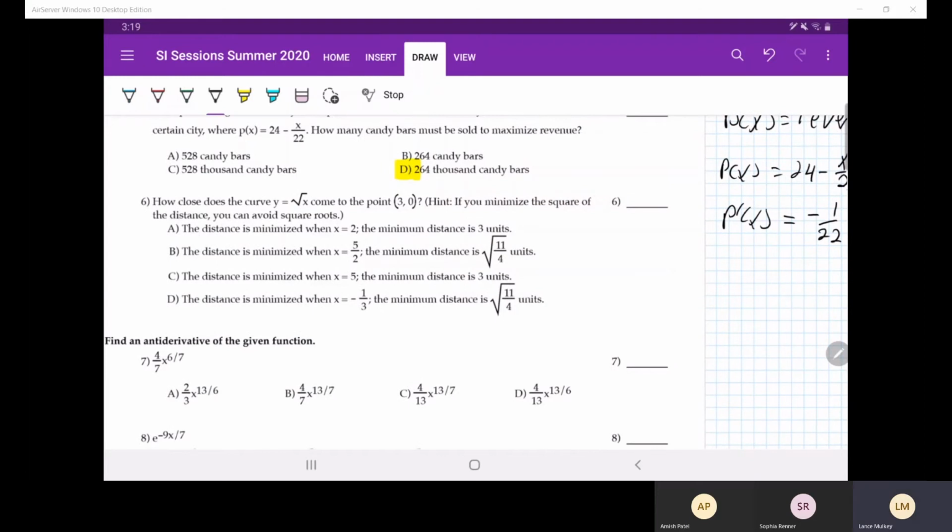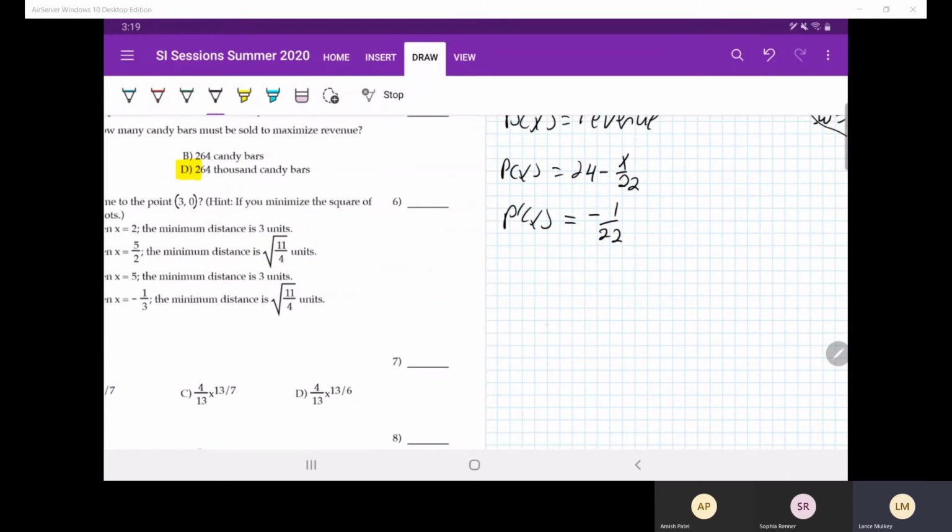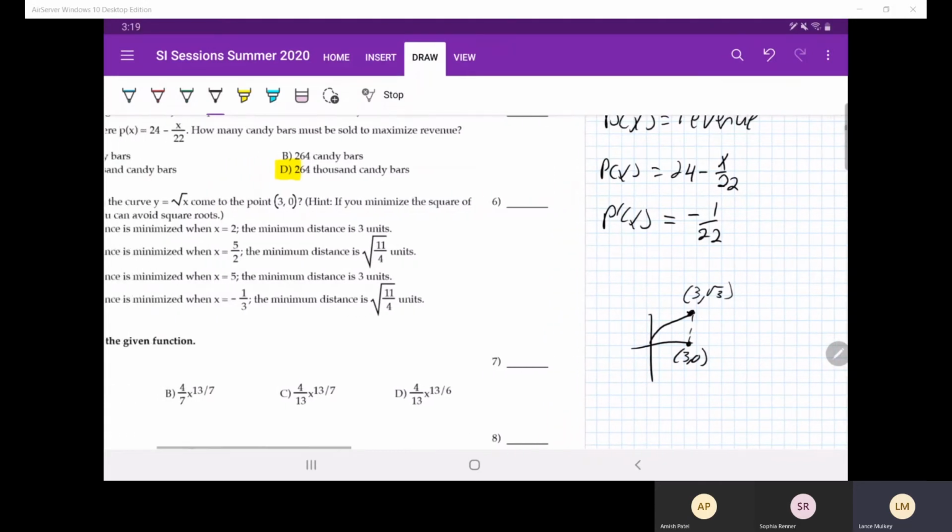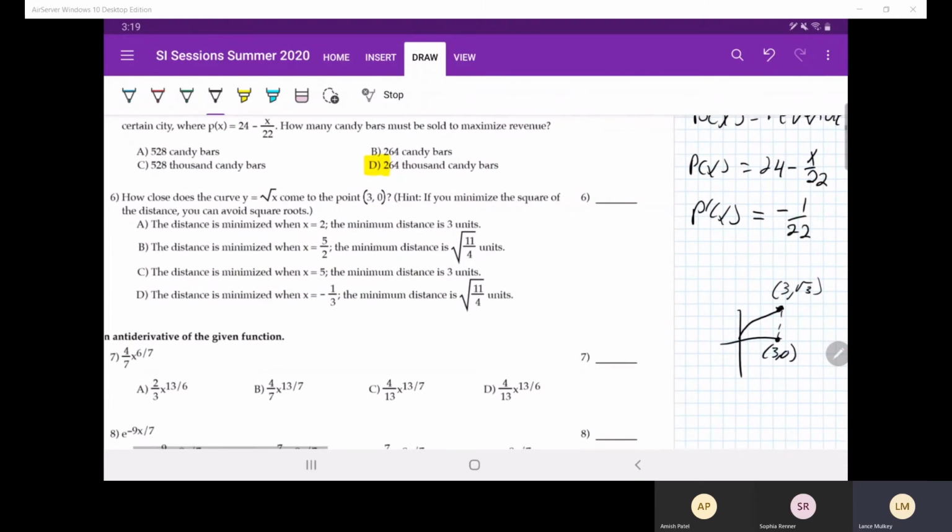So the square root of x, so the square root of 3. How close does the curve y equals square root of x come to the point (3, 0)? I don't like this one either. You would think the straight line would be the best, but apparently not. You would think it'd be square root of 3.